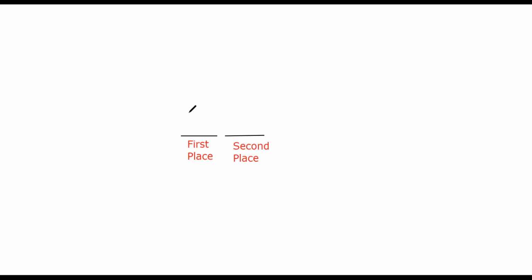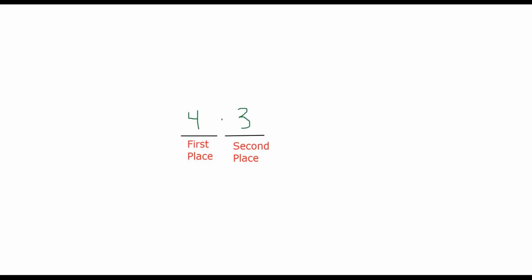Now, there are 4 women that could make that first place. Once you've chosen one of those 4 women for the first place slot, there are only 3 left who can take second place. And you're going to multiply them.